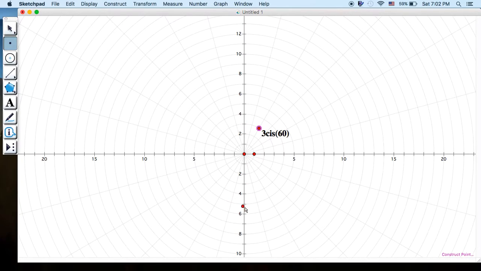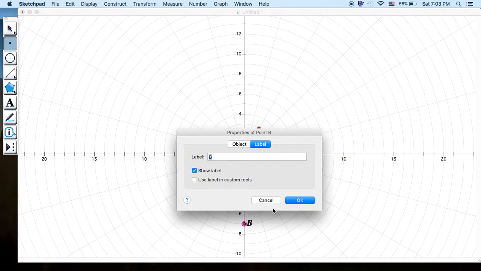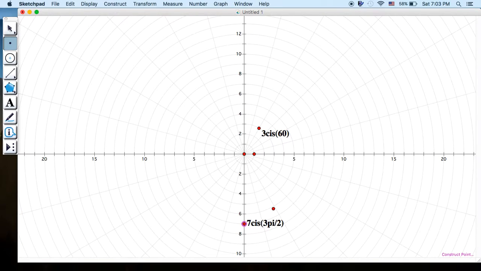So where is it? Right here, somewhere over here. And the magnitude is 7. Magnitude is the distance, as we learned in previous videos. So you go to 7. So right here is 7 cis 3 pi over 2. Okay?